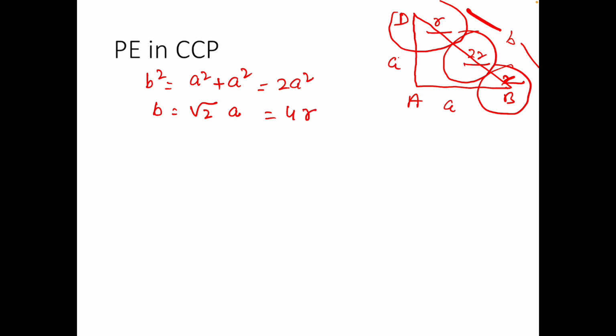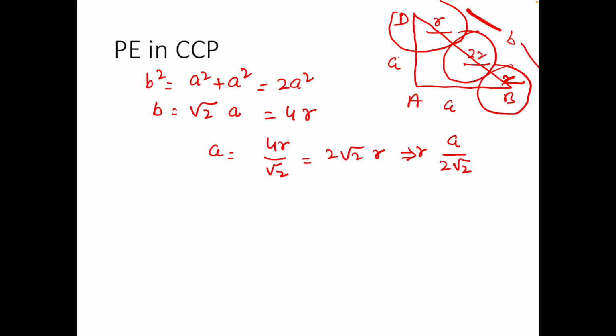So A is equal to 4R by root 2, that is 2 root 2 R, and it implies that R is equal to A by 2 root 2.